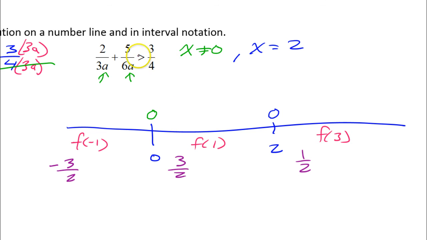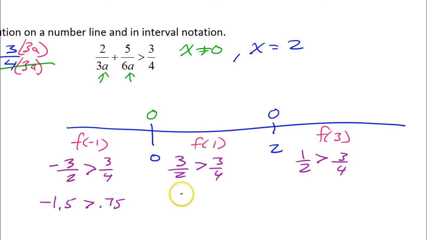I'm checking to see if these values are greater than 3/4. That's the question. Is it greater than 3/4? Now -3/2 is -1.5. 3/4 is 0.75.